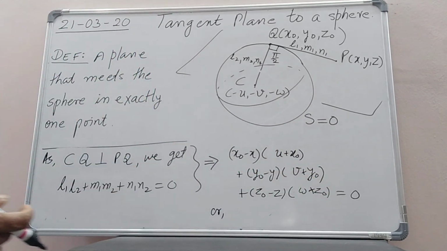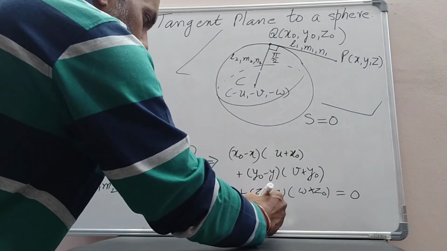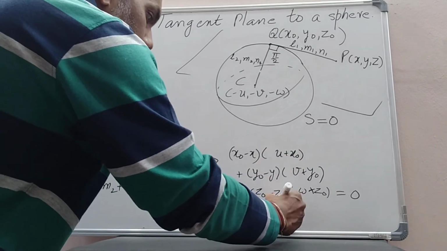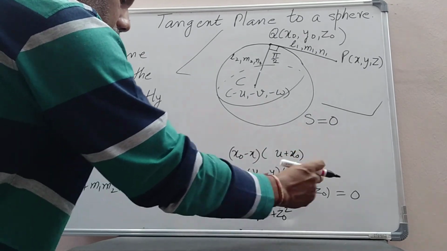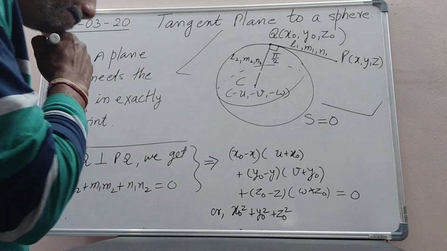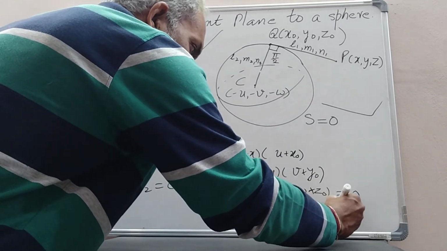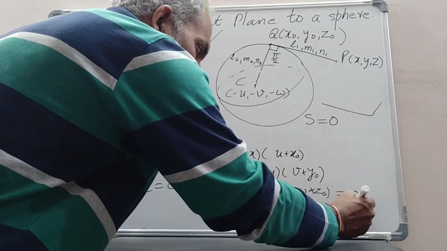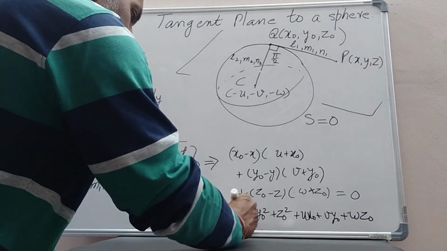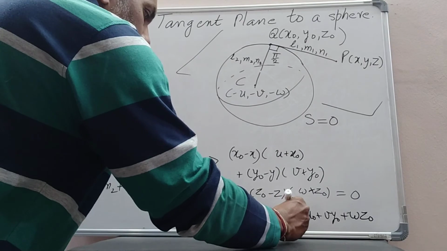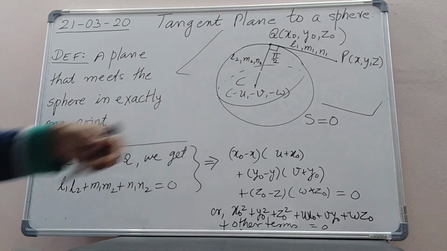So the same equation can be written like this, and now I will expand it and write it as x naught square plus y naught square plus z naught square, taking the terms coming from these products, plus u x naught plus v y naught plus w z naught, and plus other terms.